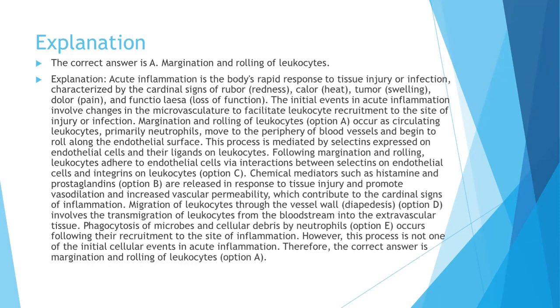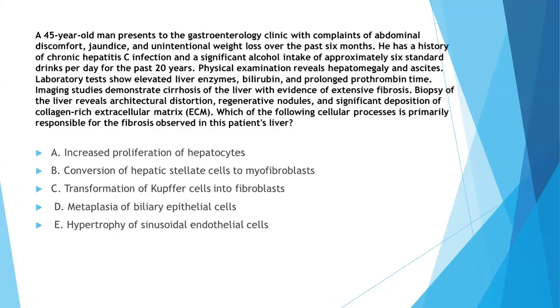You can pause the video and go through the explanations. Again, we have one more question here. A 45-year-old man presents to the gastroenterology clinic with complaints of abdominal discomfort, jaundice, and unintentional weight loss over the past 6 months. He has a history of chronic hepatitis C infection and a significant alcohol intake of approximately 6 standard drinks per day for the past 20 years.